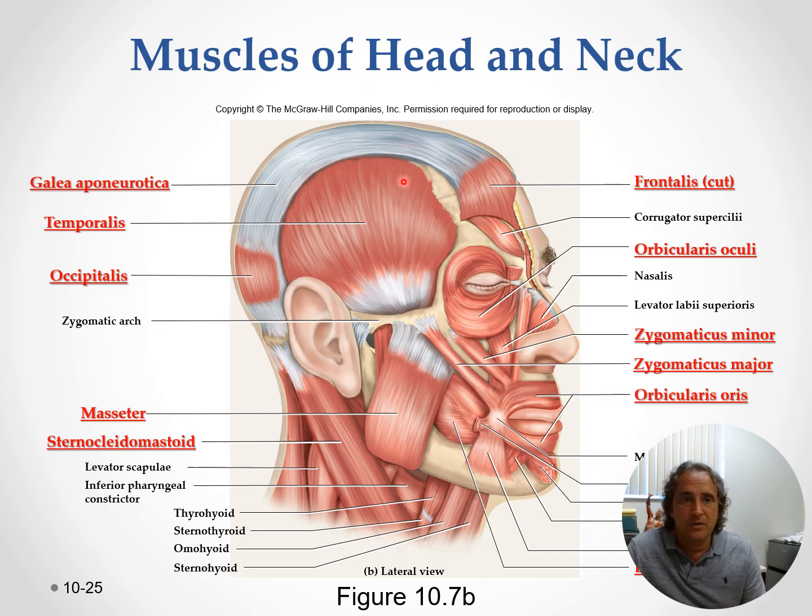Here are the rest of them, where you see the temporalis again, the Galea aponeurotica, occipitalis, frontalis. Take your time looking at these, go through all of these, so it's easier for you to understand what the different views are, how you find it on all the different models, and how easy it is for you to answer these questions from the pictures that I have supplied on your Canvas course.